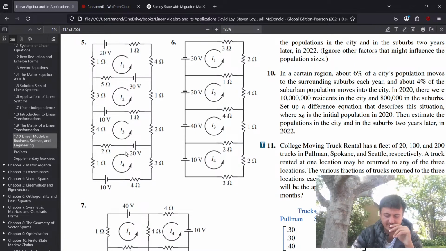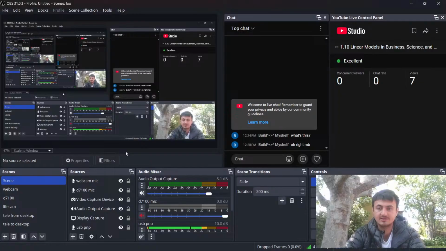And then for equation 4, 30 volts is equal to 3, 6, 10I4 plus 2I3. Oh, I think I got that wrong. I think I flipped a bunch of signs.